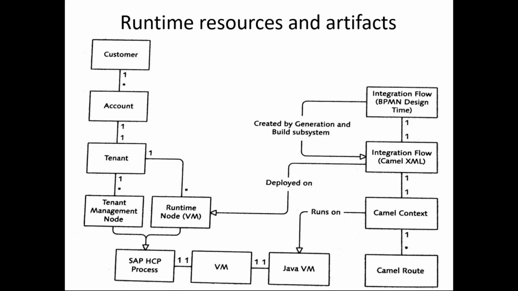One step to another step, whatever message is moving and being processed will be handled by the runtime node. But the entire execution that has to be processed in order to move the message from one step to another step, the core that is moving, is done by using the Java Virtual Machine.